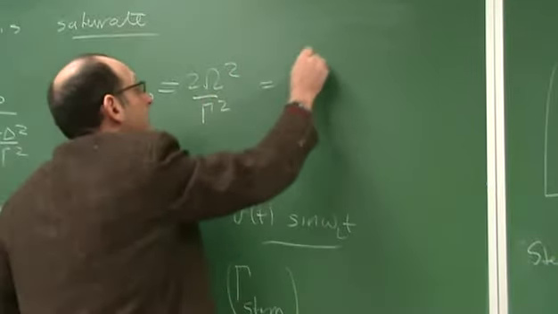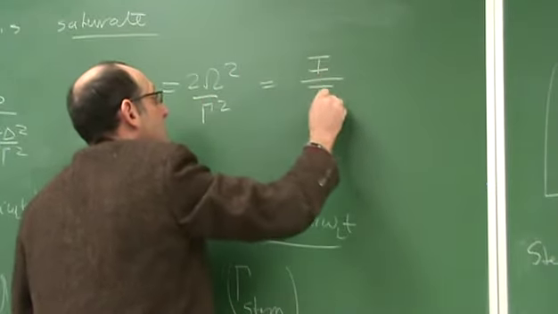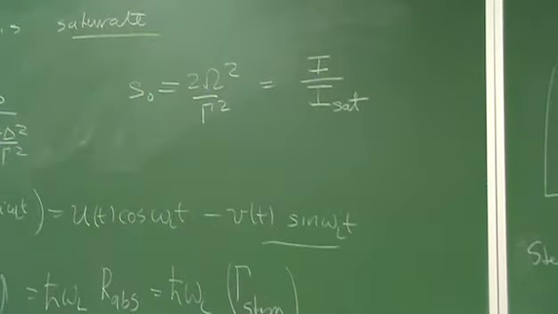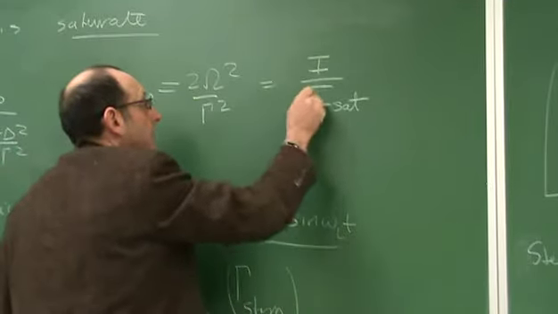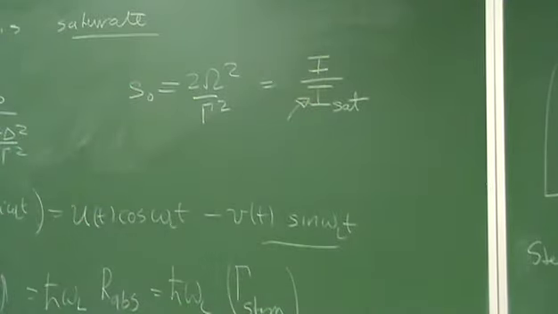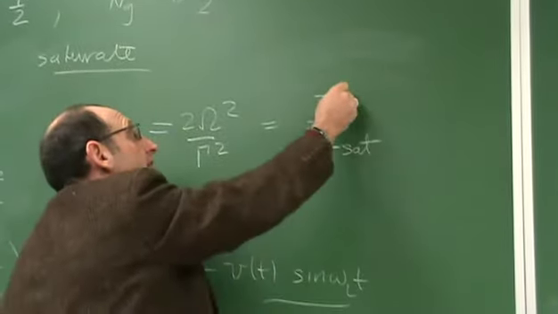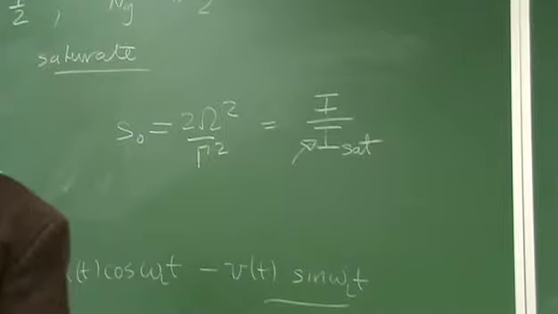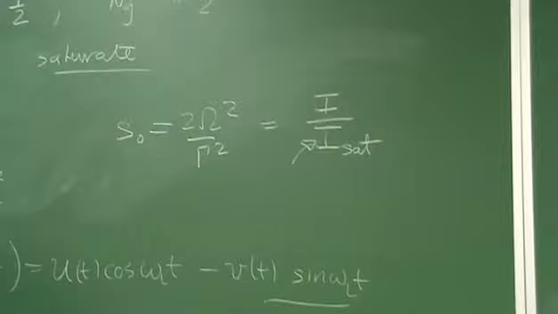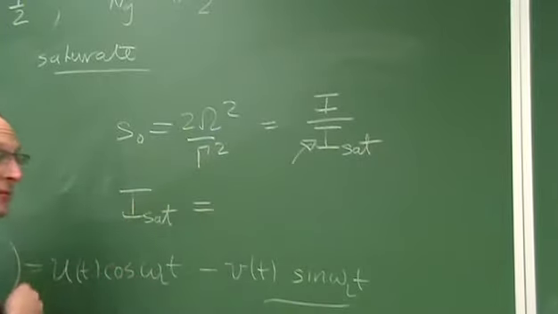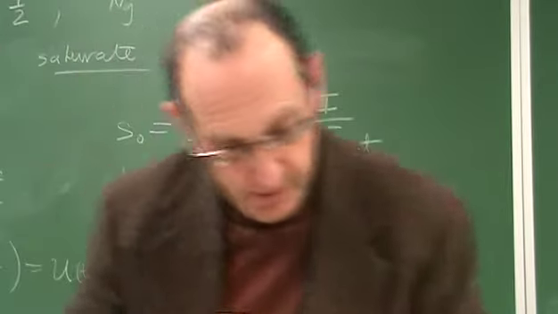But we often express that in terms of a characteristic intensity of the atom. It tells us, if I am on resonance, how much intensity I need to shine on the atom in order to saturate the transition. And we calculated that saturation intensity.